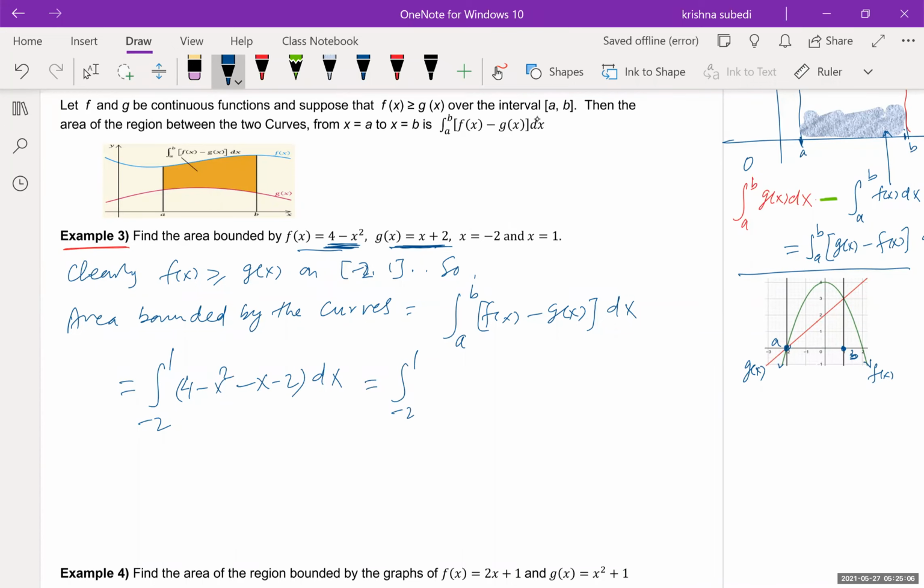So if you simplify it, if you combine the like terms, you're going to get 2 minus x squared minus x dx. And now if you want to find the antiderivative of that, you're going to get 2x minus x cubed over 3 minus x squared over 2, and this will be -2 to 1. And now you just evaluate this one and let me know what the answer is.